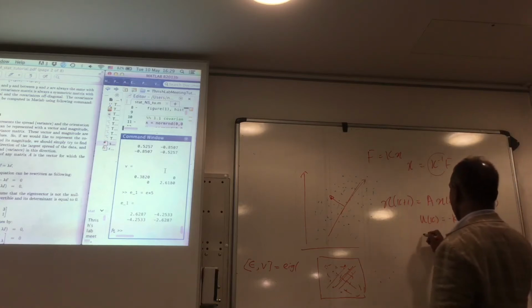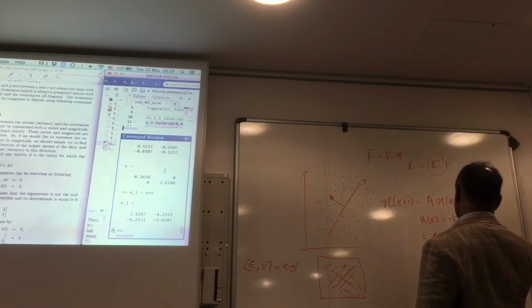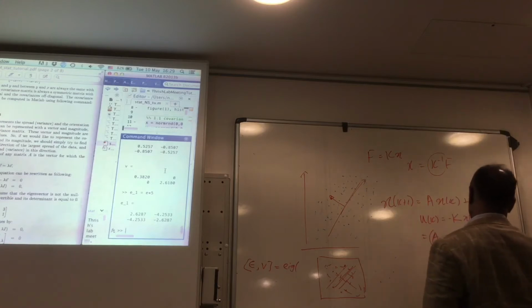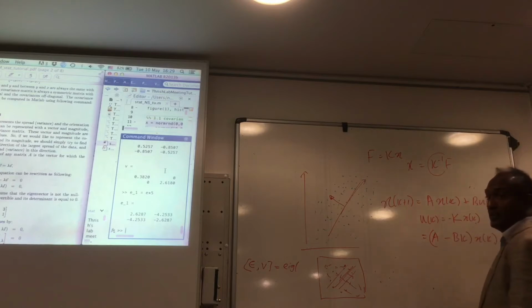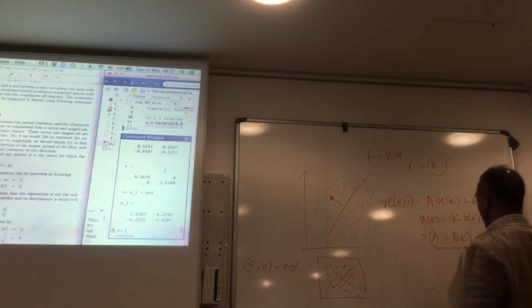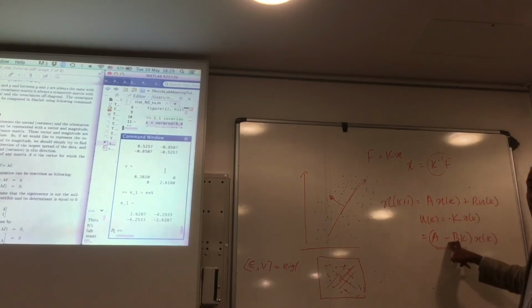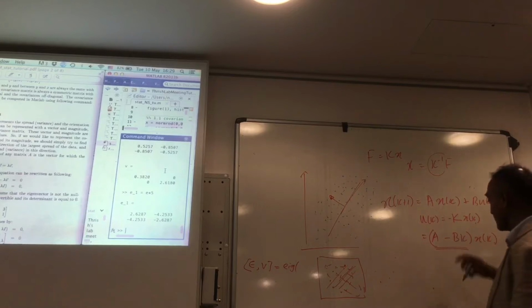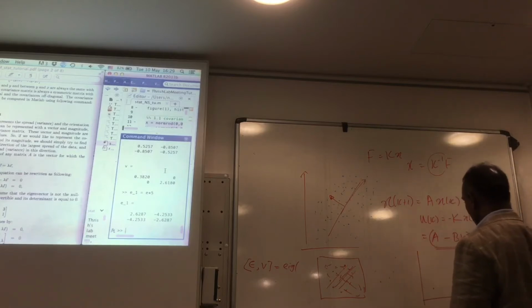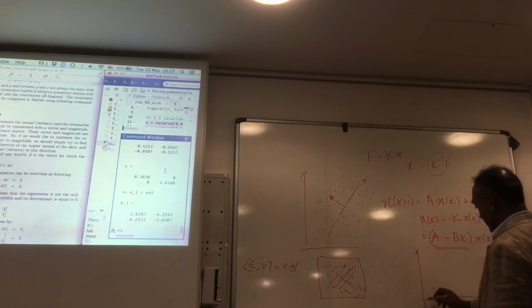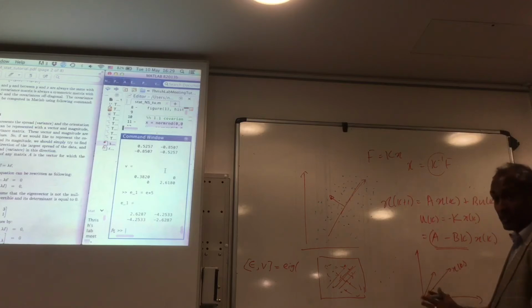And then you substitute that there, and then you get a minus bk xk, right? If the eigenvalues of this matrix are less than 1, within the unit circle, what happens is, no matter where your state vector is, xk plus 1 will be less than that, but rotated in some direction, right?